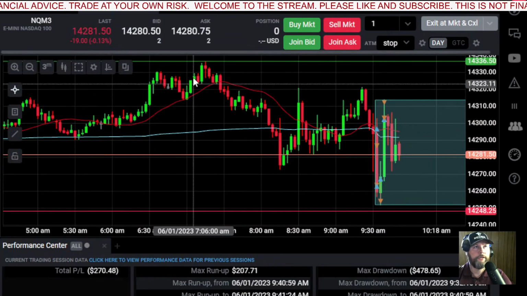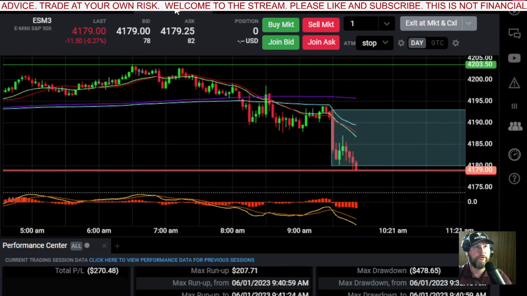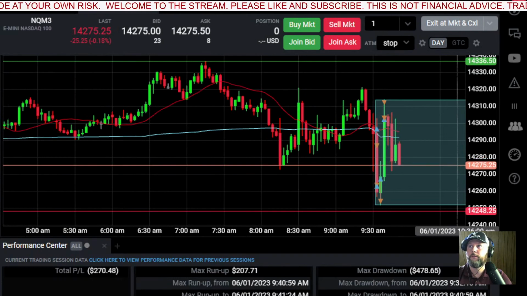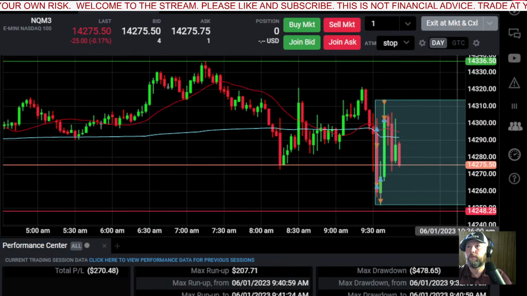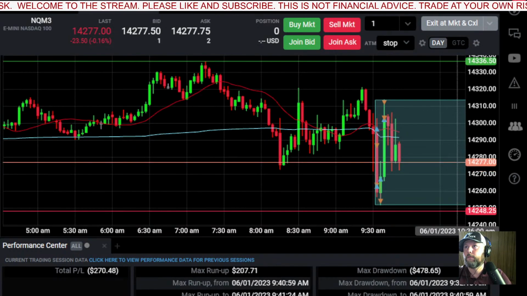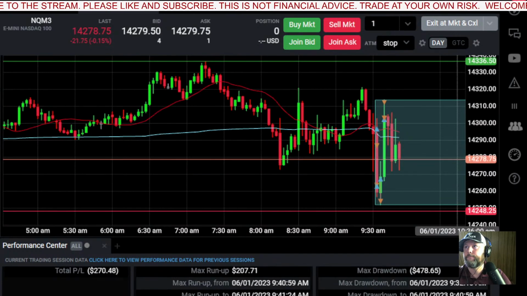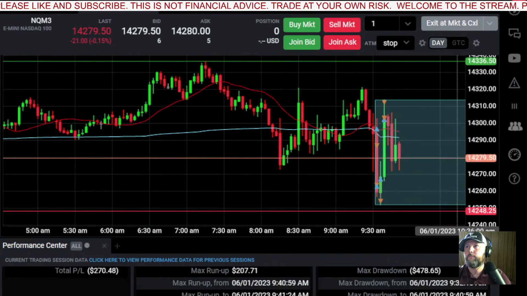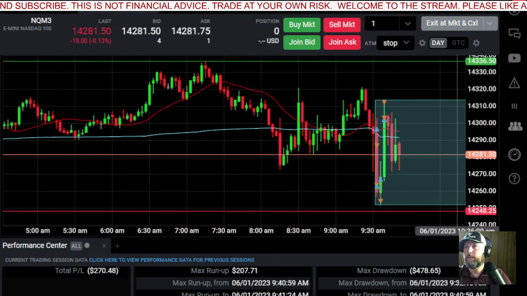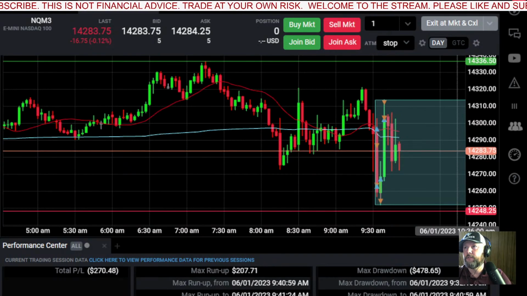ES retesting the lows here. Nasdaq's trying to move down with it, so that's an encouraging sign there. See if this ES can get through this level here.